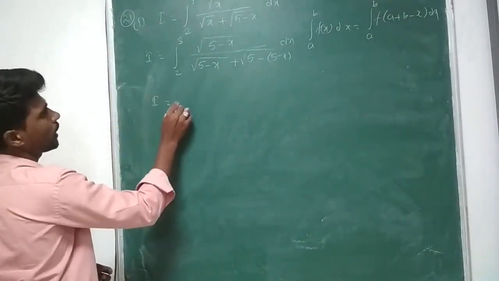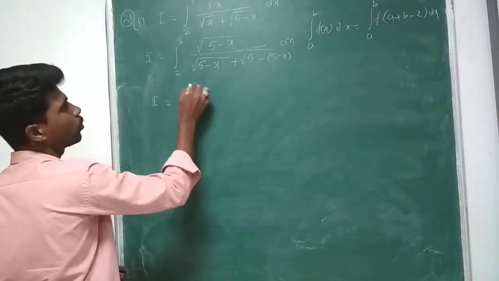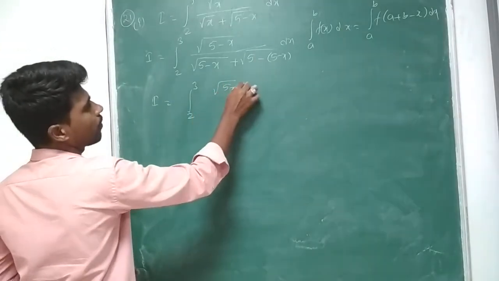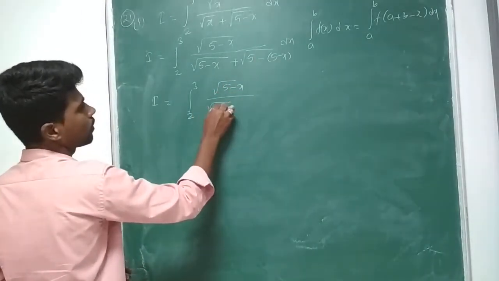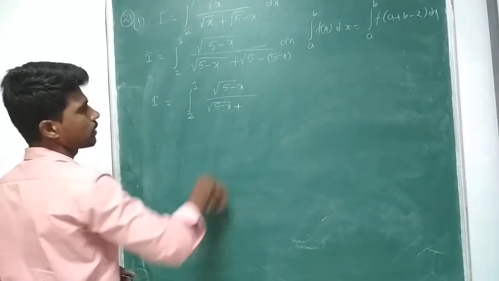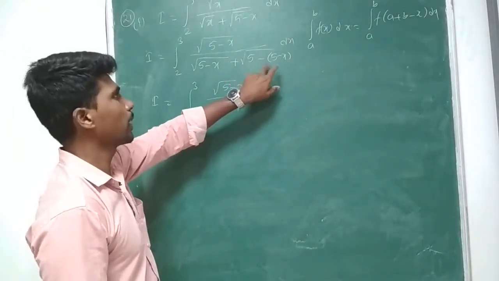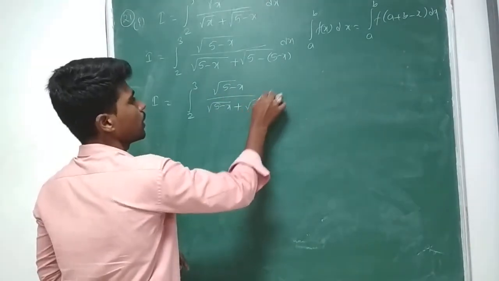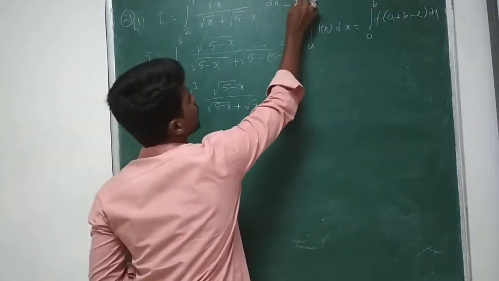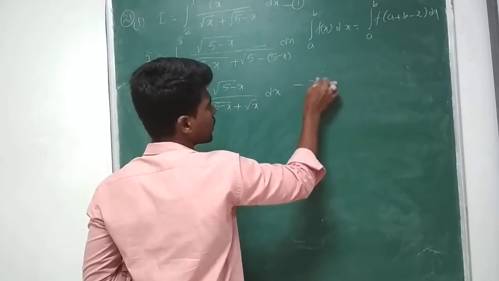Now I is equal to integral 2 to 3 root of 5 minus x by root of 5 minus x plus, 5 minus 5 cancel, minus of minus x becomes x dx. So now the given one takes 1 and this has 2.